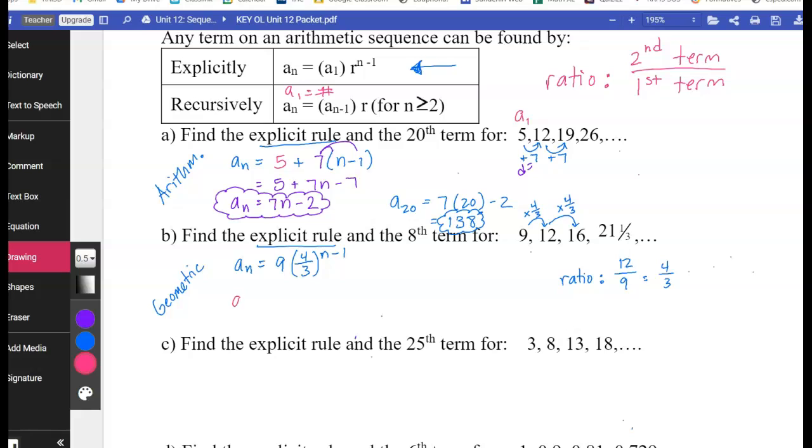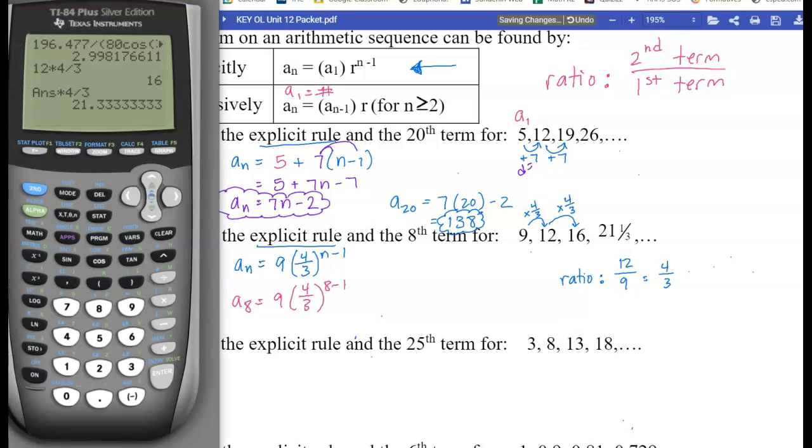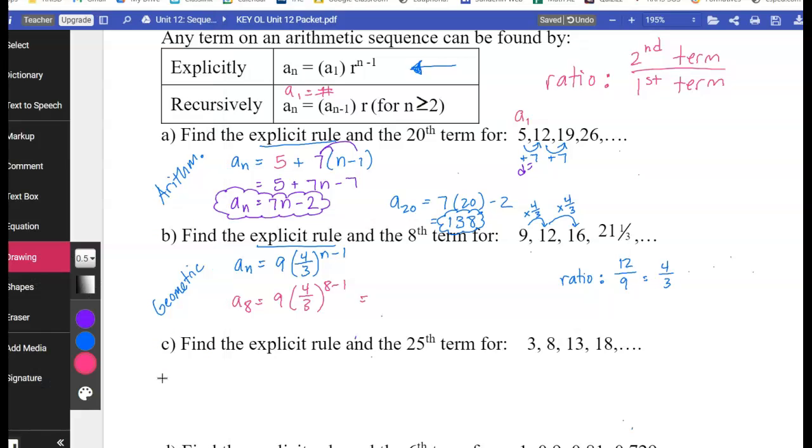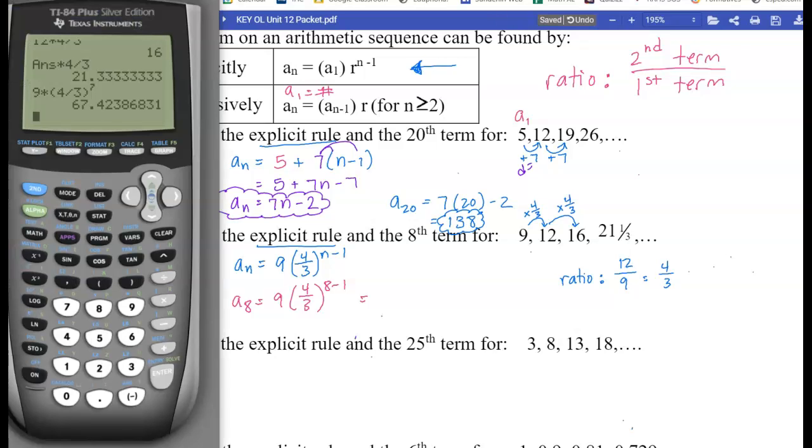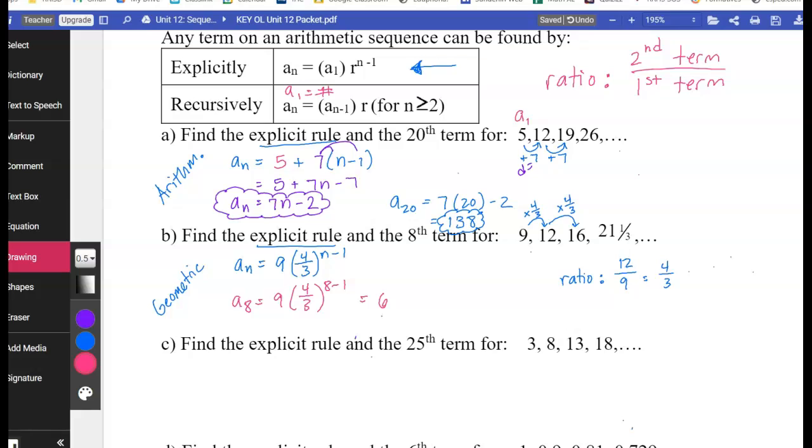Yes. We just plug in 8 for n. So we have 9 times 4/3 raised to the power of 8 minus 1, which is 7. 67.42. So we have our explicitly defined sequence right here, and we have our 8th term right there. Any questions?